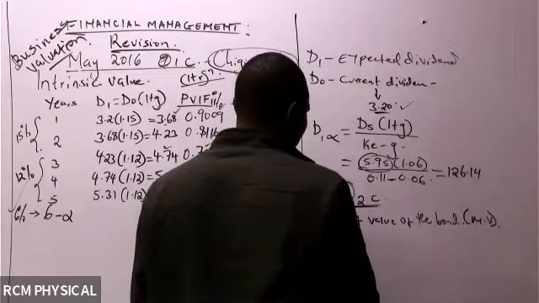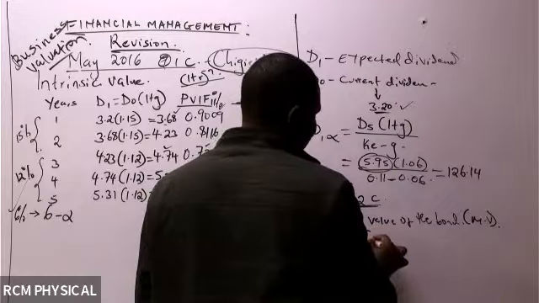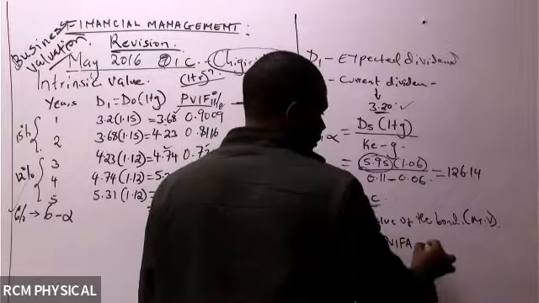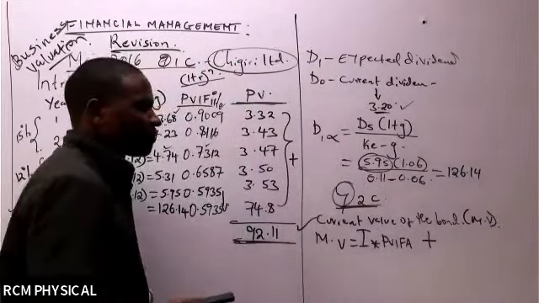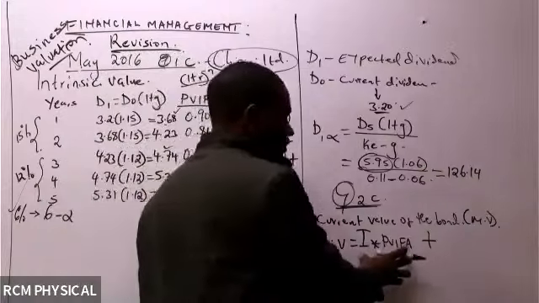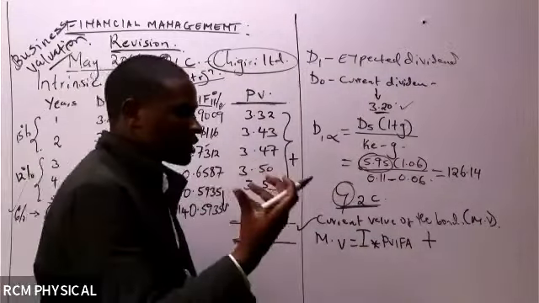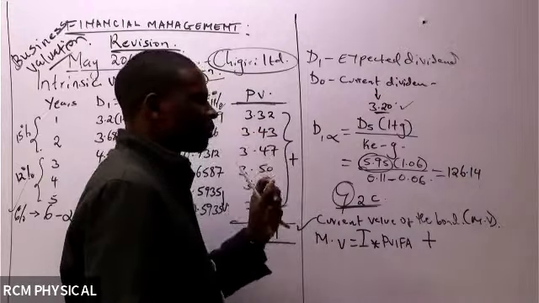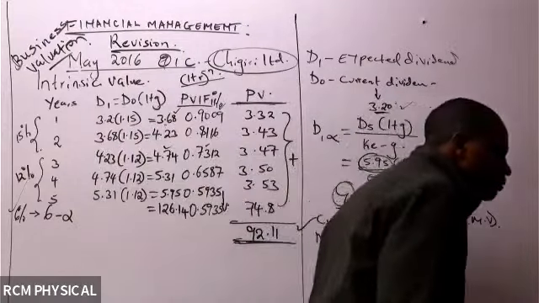The market value of the bond is given by the formula: the present value of the interest plus the present value of the redemption value. Redemption value times PV.